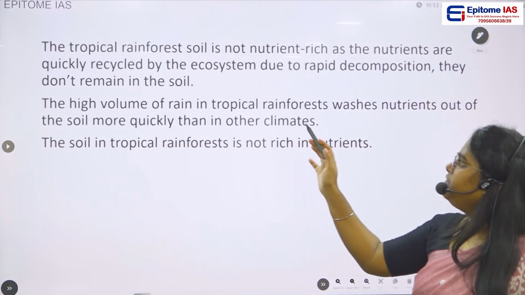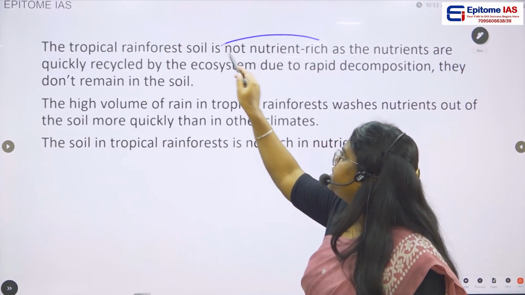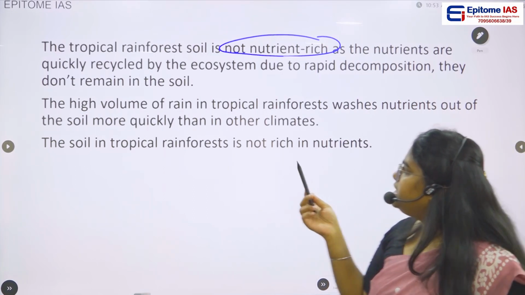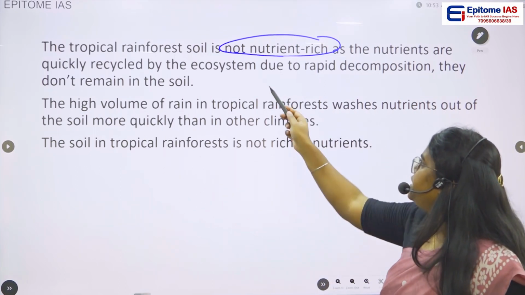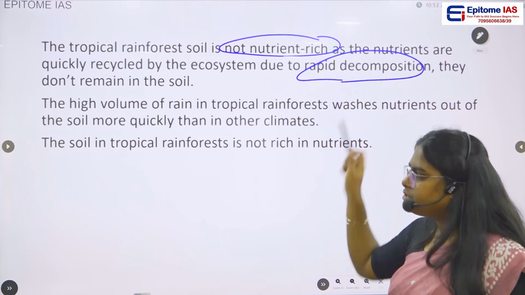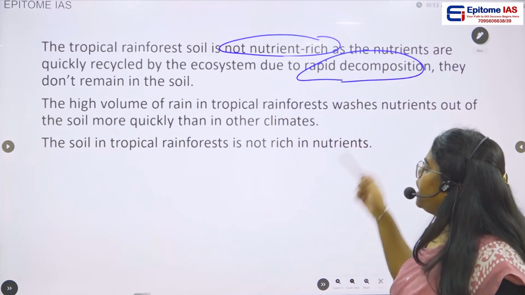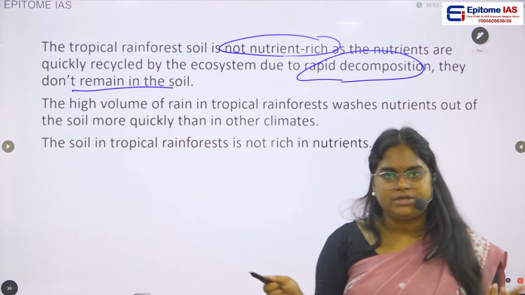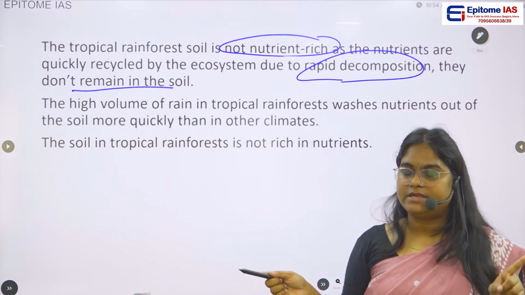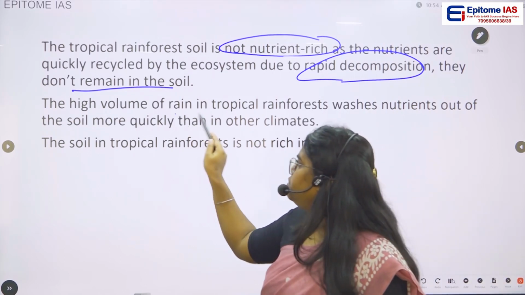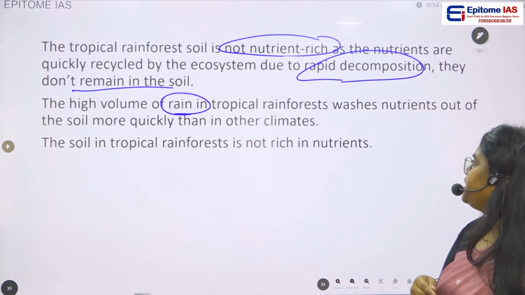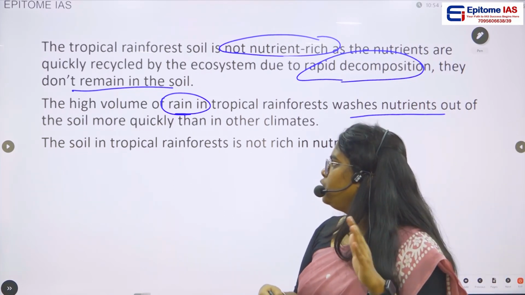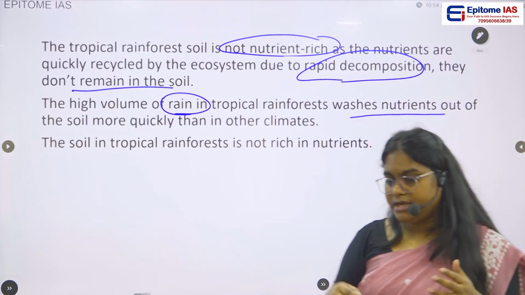So the tropical rainforest soil is not nutrient rich, it is poor in nutrients. The nutrients are recycled very quickly by the ecosystem due to rapid decomposition, and they don't remain in the soil. This is one reason. And the high volume of rain in the tropical rainforest washes away the nutrients out of the soil more quickly than in other climates.